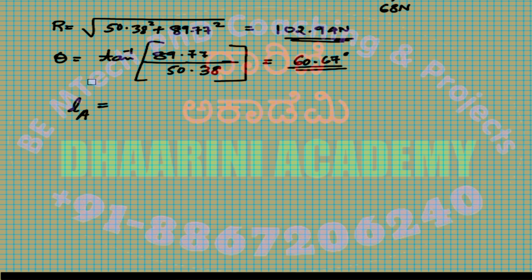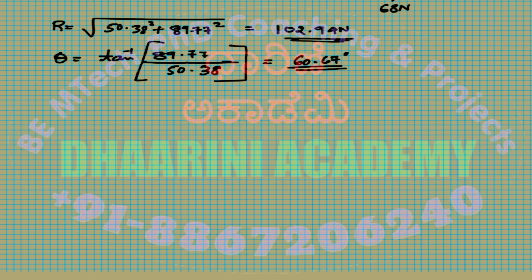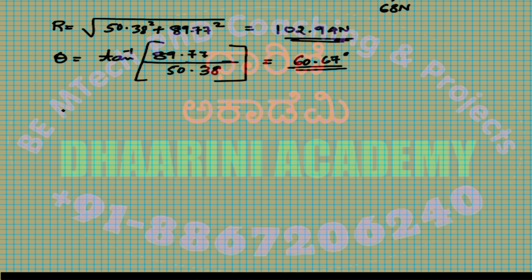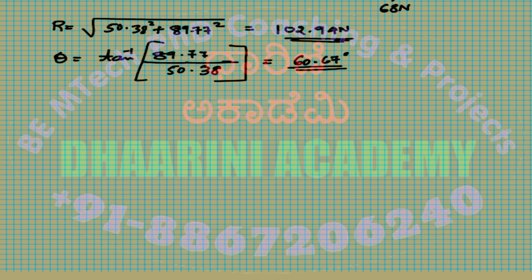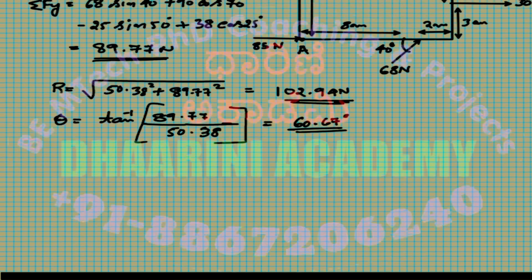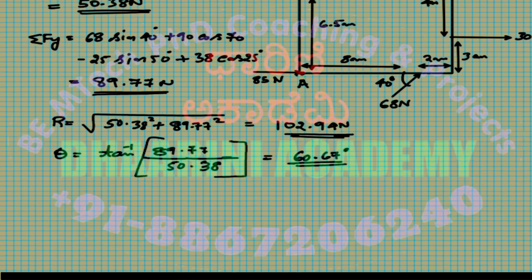So let me go back and calculate the moment first. So let's calculate the moment of all the forces with respect to any point. So right now I have taken that point as A. Any point you can take. You can even take the other corner, the right side corner, you call it as B, and you can do the same thing.